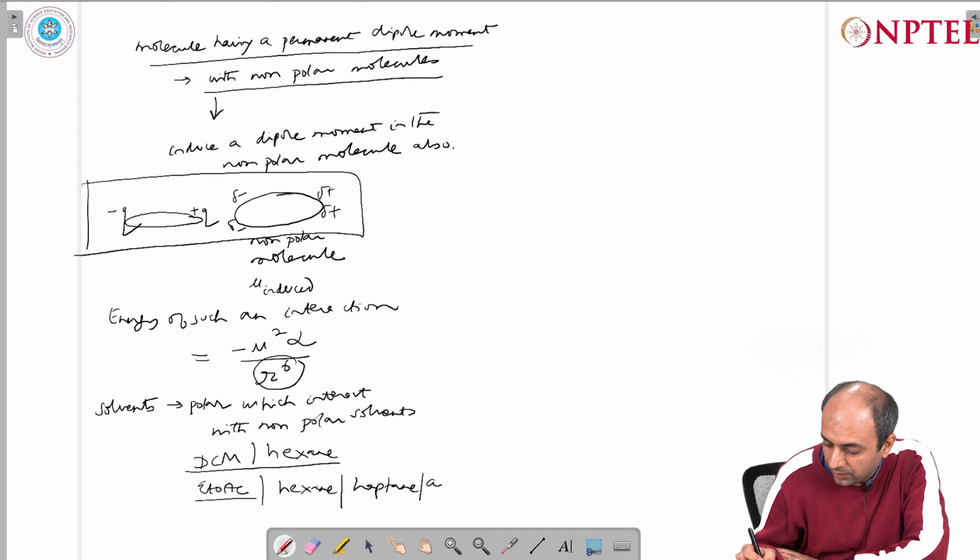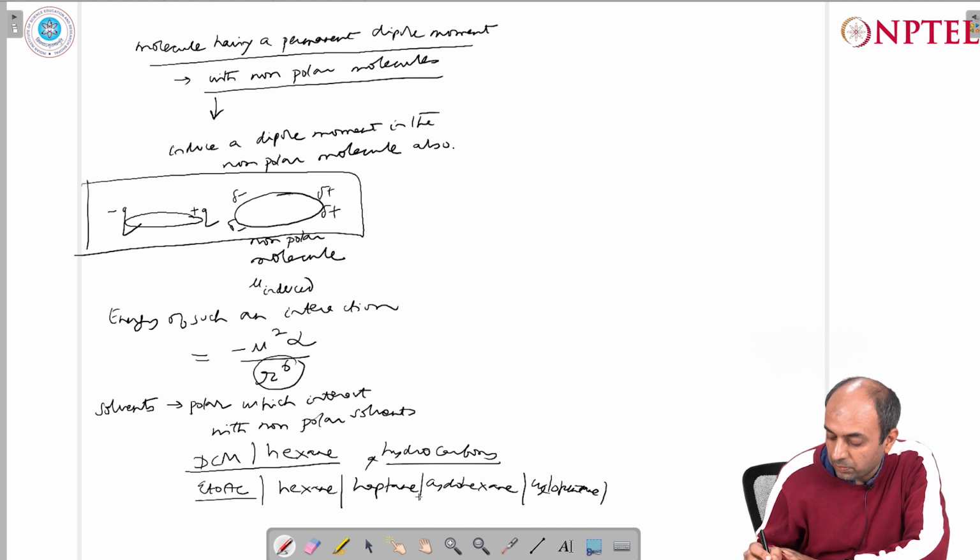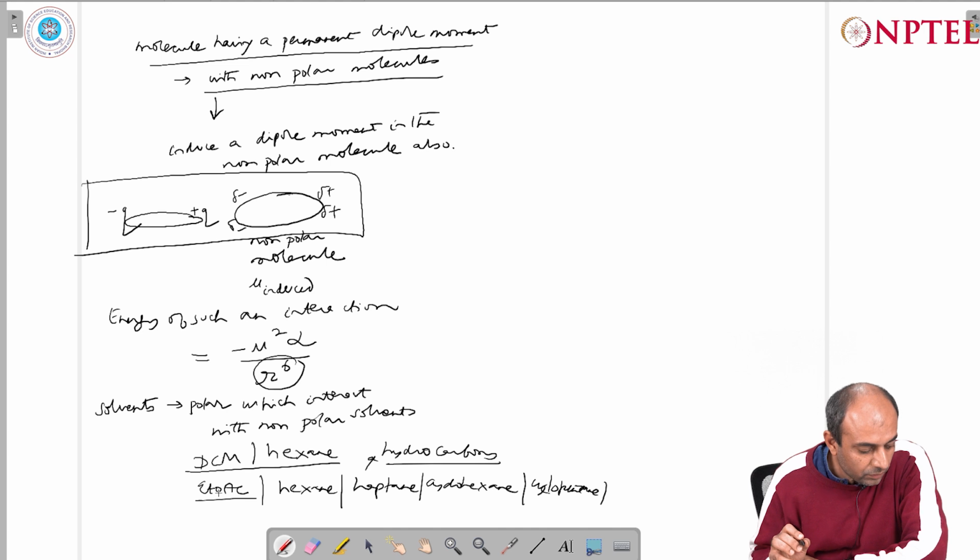Then you can have cyclohexane, cyclopentane, and any of these hydrocarbons which are non-polar in nature and which do not have a permanent dipole moment, and these are essentially miscible with the polar solvents primarily because of the dipole induced dipole interactions.